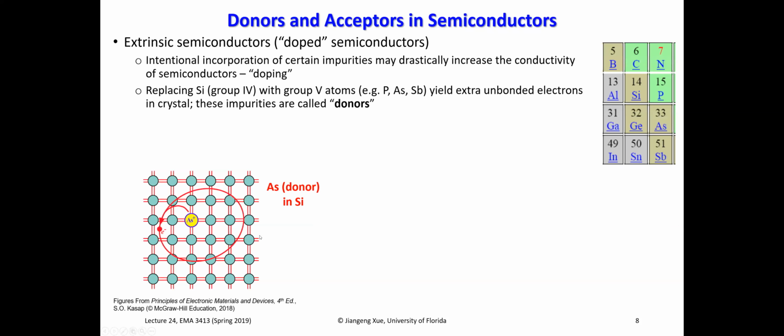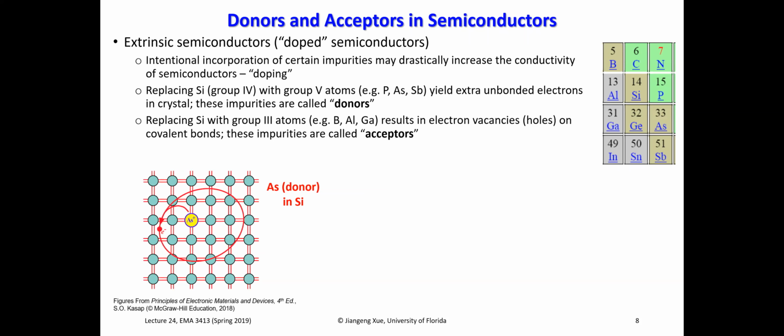So for the impurities, we can have two different kinds, donors and acceptors. For the donors, these are the atoms that have more valence electrons than the atom that you take out. So if silicon has 4 valence electrons, putting in arsenic, which has 5 valence electrons, you can have an extra valence electron, which can be donated to the conduction band and then generate extra excess electrons in the system.